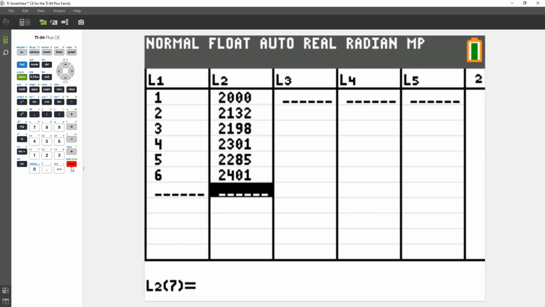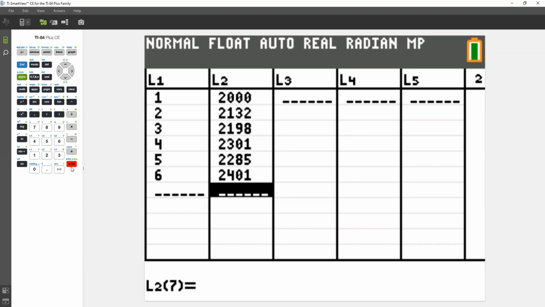One of the biggest mistakes that people make is accidentally typing in the data incorrectly. It's very easy to do. So anytime you type your data into your L1 and L2 columns, always go back through and double check your data.